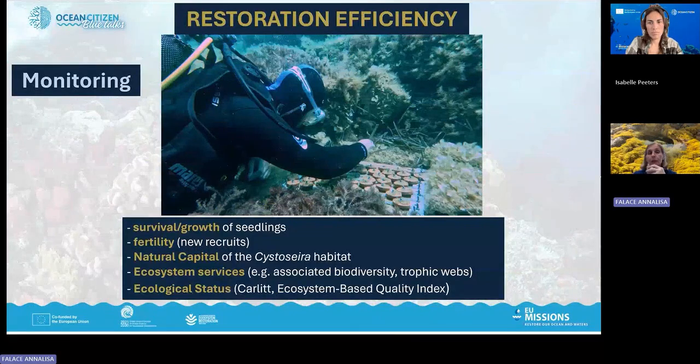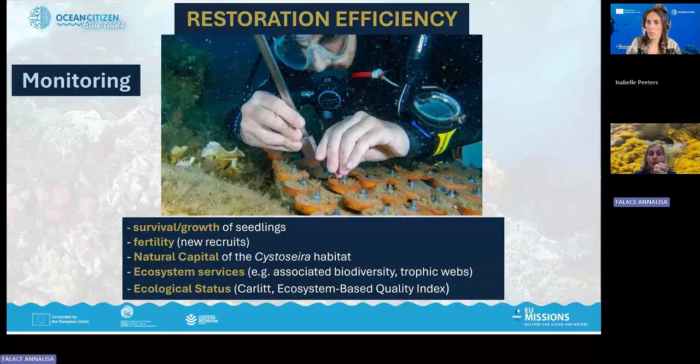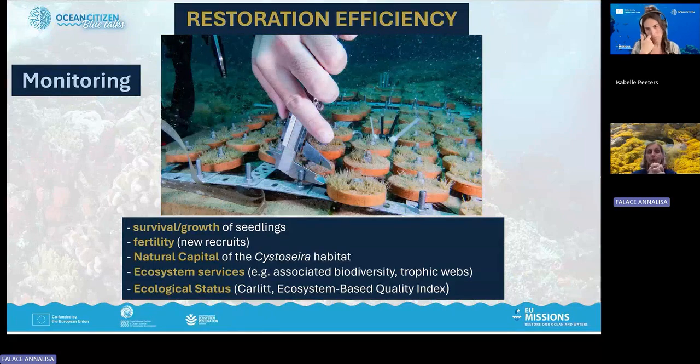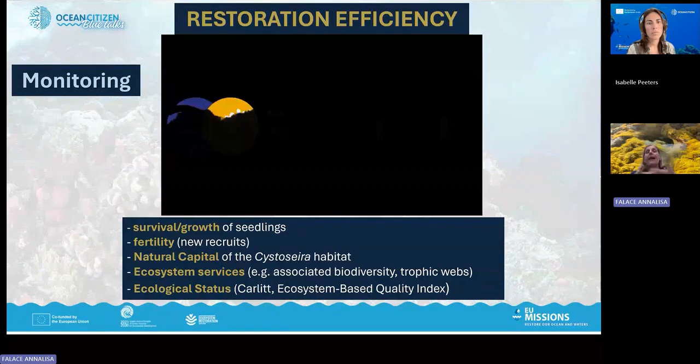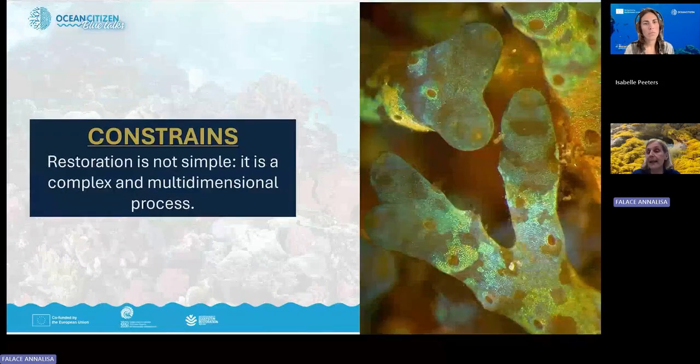After the outplanting, we also have the monitoring phase that is continuous on the outplant, where we measure the growth, the survival, the fertility of new individuals. We also measure the provision of new ecosystem services and the ecological status of the site that we have restored.